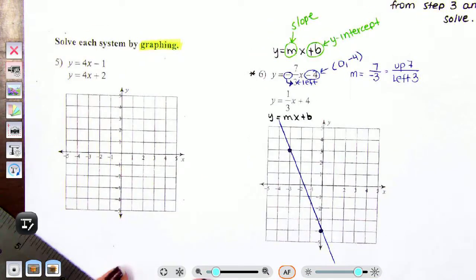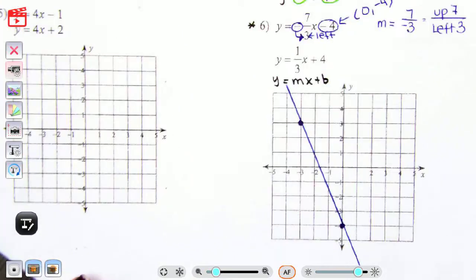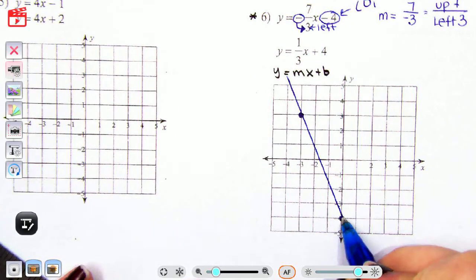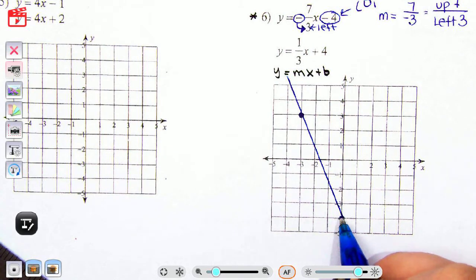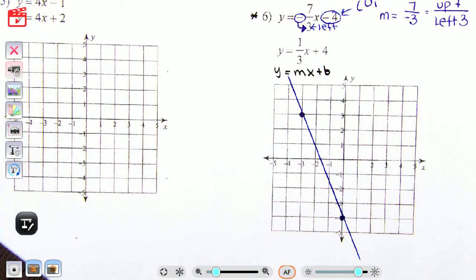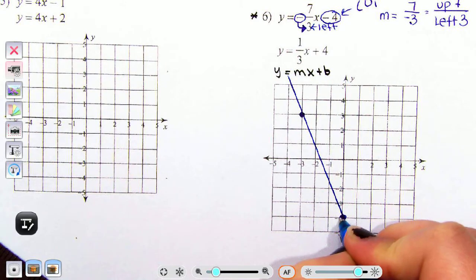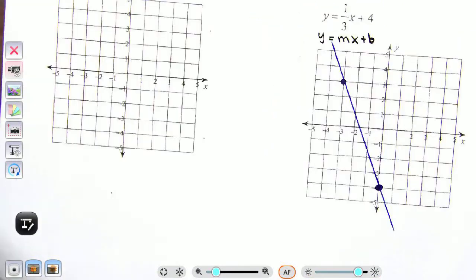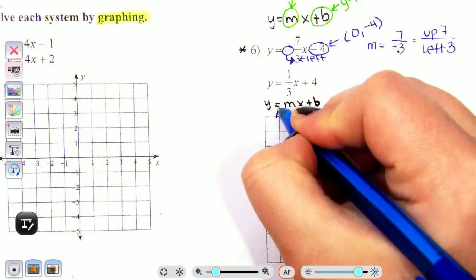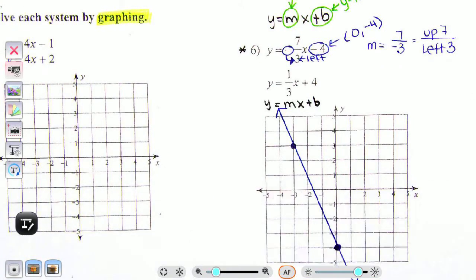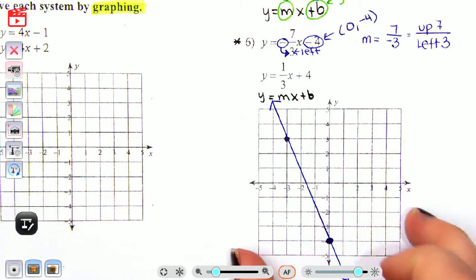Now notice how this line is a little bit higher than my actual point. So the cheater way of doing this, just make your point bigger. There you go. See, now it goes through it. Make sure you put arrows and make sure that your line is crossing the entire graph portion, okay?